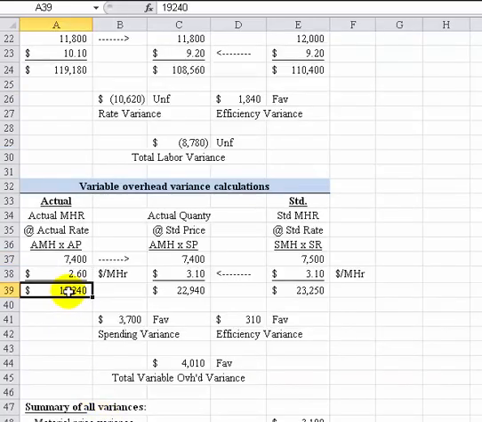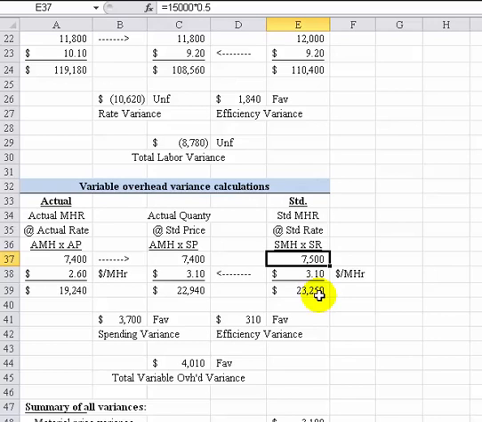So we drop in 19,240, we drop in the 7,400 machine hours, and then we compute the rate. And the rate happens to be the 19,240 divided by the 7,400, which comes out to be $2.60.